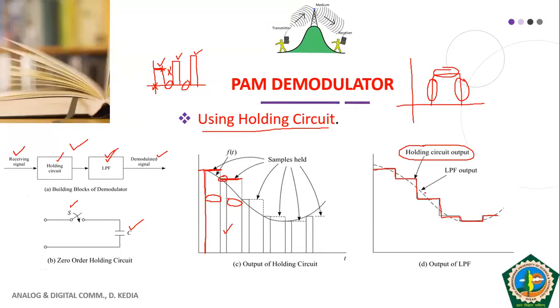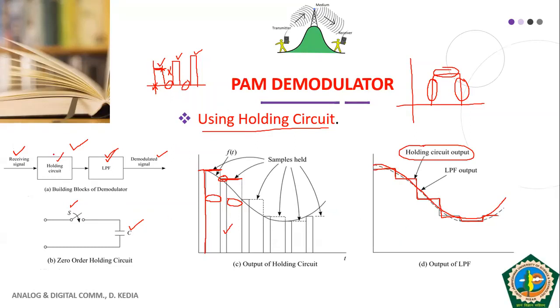So these edges will be removed in a way, or you can say whatever discontinuity or abruptness is there in our staircase will be removed when we pass our staircase signal through the low pass filter. And the low pass filter will give us a smoothened output, which is equivalent to our original modulating signal.